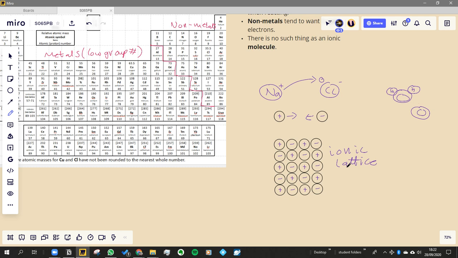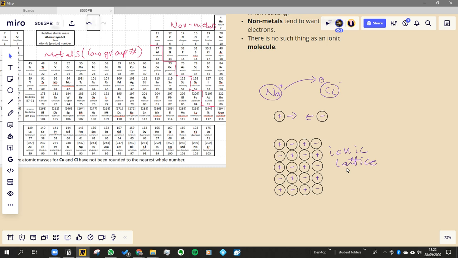There's no charge there. That's not how covalent bonds work. So that's what a molecule is, essentially a self-contained group of atoms that have fulfilled everything. They've all got full outer shells now, and they're all complete. That doesn't happen with ionic bonds. In ionic bonds, it can just keep on going forever.